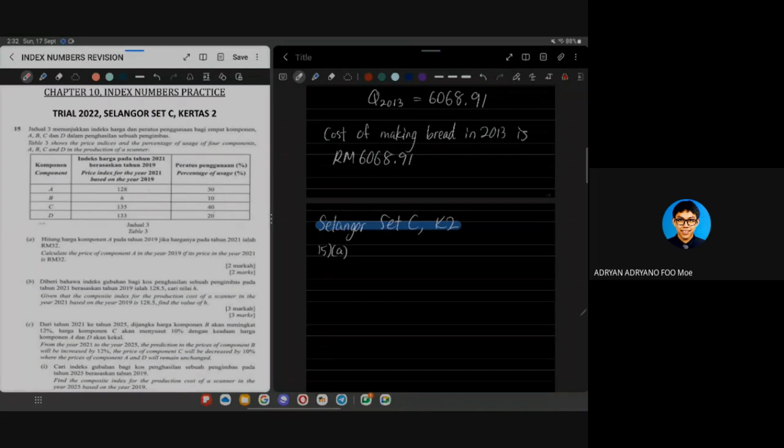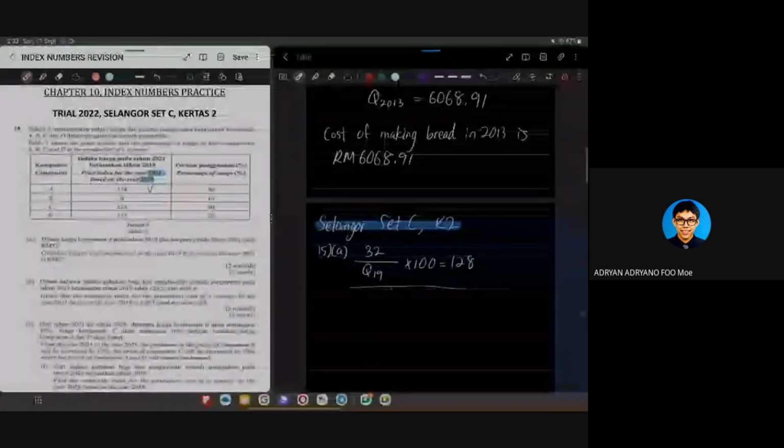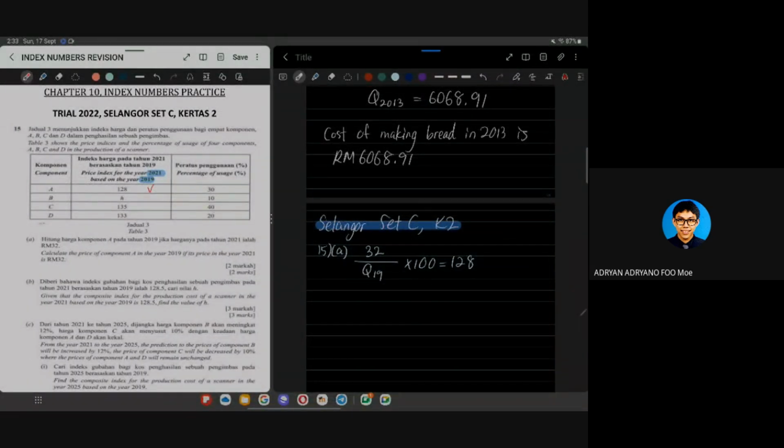So, we have the index which is 21 per 19. So what can I write? Oh, I know that 2021 is 32 ringgit. So 32 over Q19 times 100 equals 128. Do you notice that I always write what the textbook shows: Q2 over Q1 times 100 equal index.